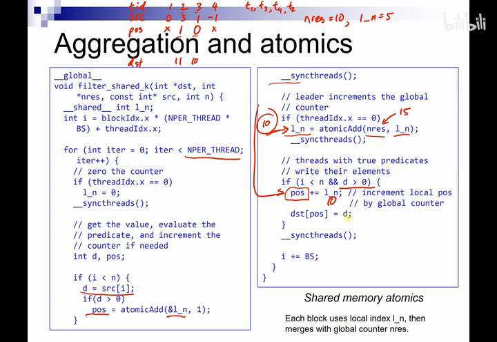The value that they write is just the value that they read from source. After doing this, all the threads in the thread block have written their positive values. Since each thread processes multiple values, they're going to continue with this for loop until they've processed all their values.